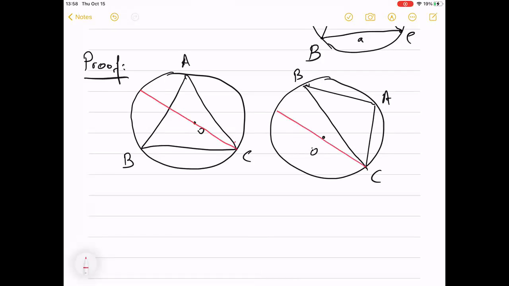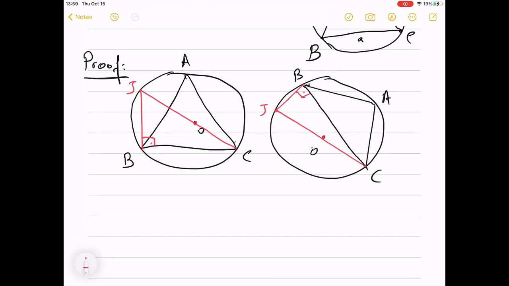It's supposed to pass through this center O. Now, when you connect this point J to B, like this, then this angle is a right angle because this is a diameter, and that angle is right.